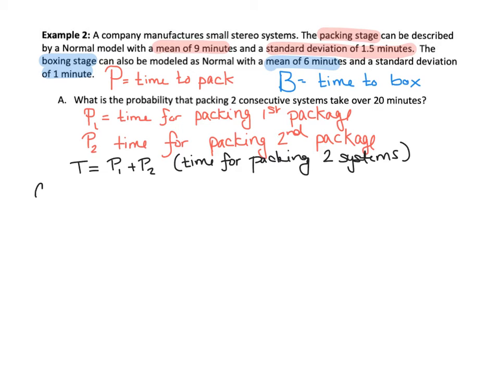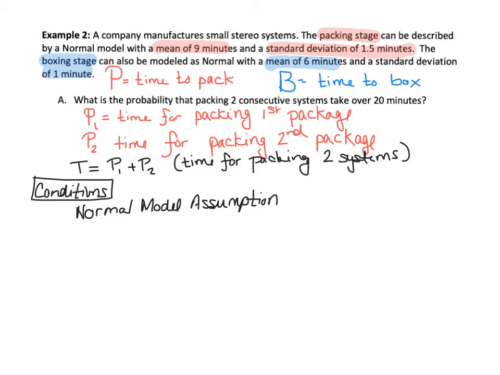Now, we're going to check 2 conditions, and this is going to be something that we start repeatedly doing throughout the second part of this AP course. In order to use a normal model, we need to confirm that our data are normal. Well, we are told that our data comes from the normal model or follows a normal model, so it's safe to conclude that.